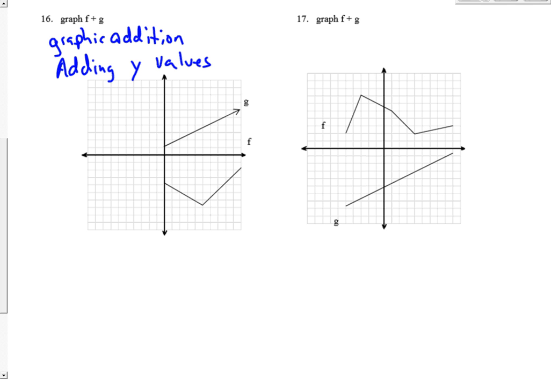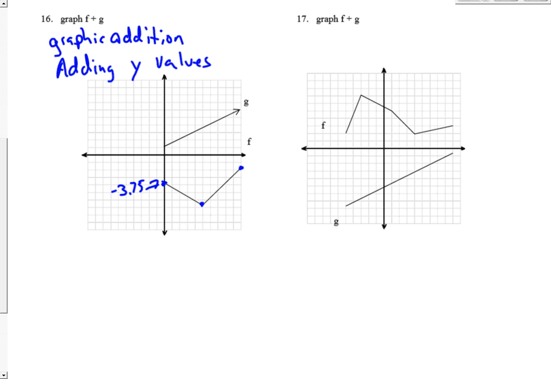But if there's a graph like f here, where there are different directions in the graph, while g is all one direction, a straight line, I'm going to take these points on f and figure out those values of y.